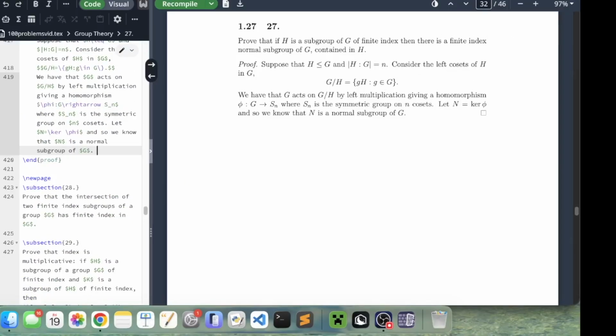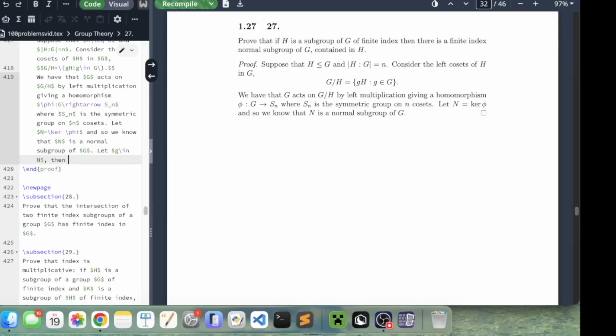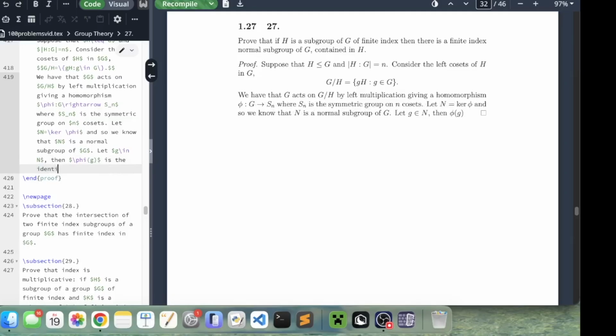Okay, so we're going to pick an element g in N, then the image of that element, so the image of something in the kernel, is the identity permutation on G modded out with H.